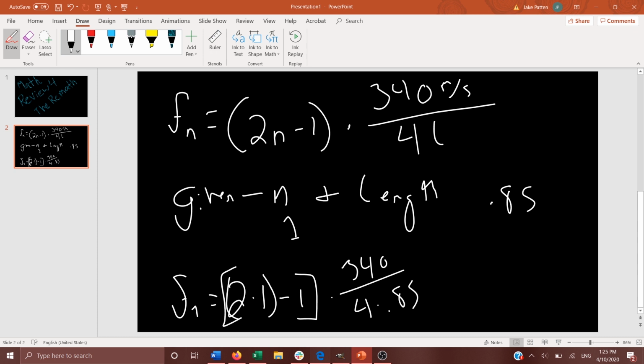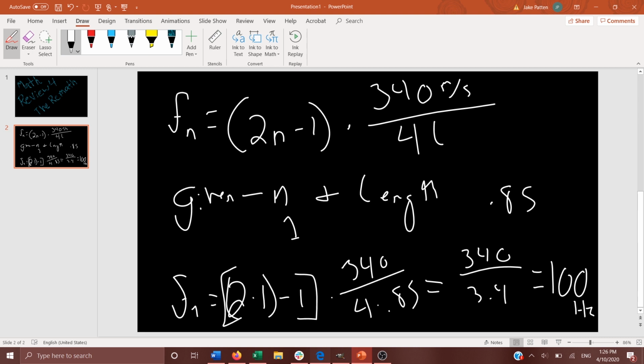Simplify, 2 times 1 is 2, minus 1 is 1, so it's just going to be the same. What we've now got here is 340 over, I've done this so many times you'd think I'd remember it by now. 4 times 0.85 is 3.4, and so 340 over 3.4 is 100. So our first resonant frequency is 100 hertz.